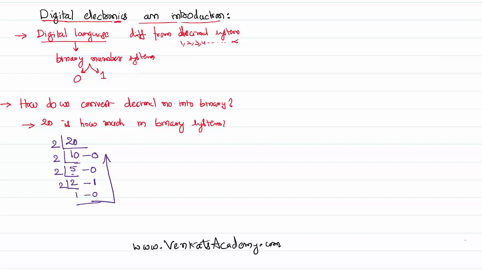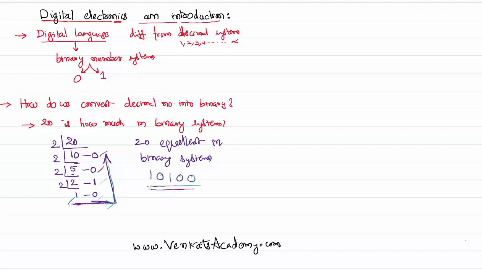That means 20 in decimal is equivalent in the binary system to, I have to write from here to this line: 1, this 1, 0, 1, 0 and 0.